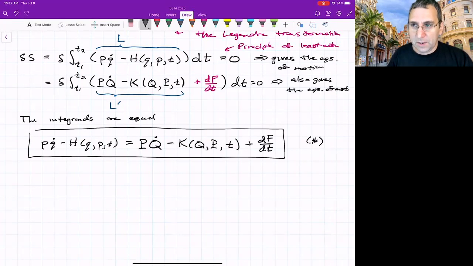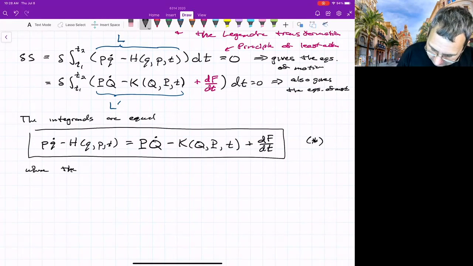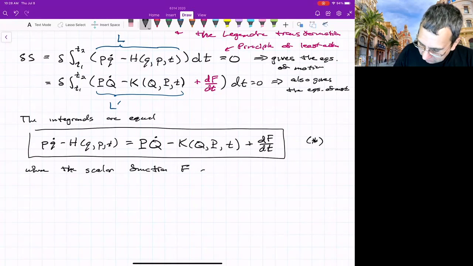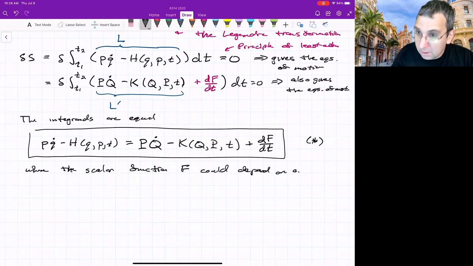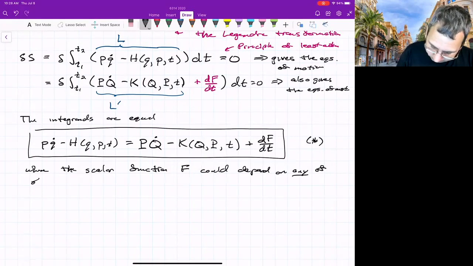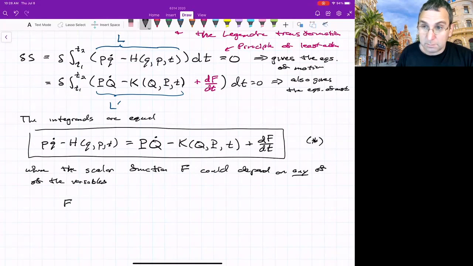We haven't yet said what F could depend on. But now that we've written things in terms of Q's and P's, F is a scalar function. It's nice dealing with scalar functions. The scalar function F could depend on any of the variables, meaning F could depend on little q, little p, big Q, big P, and time.